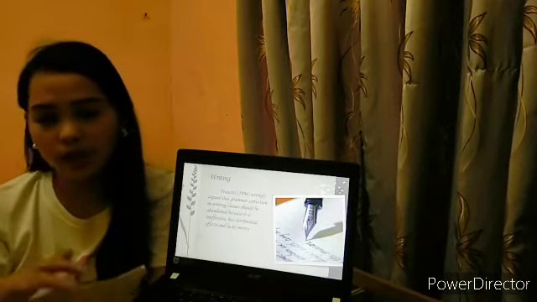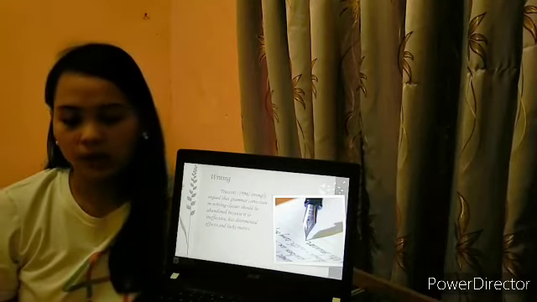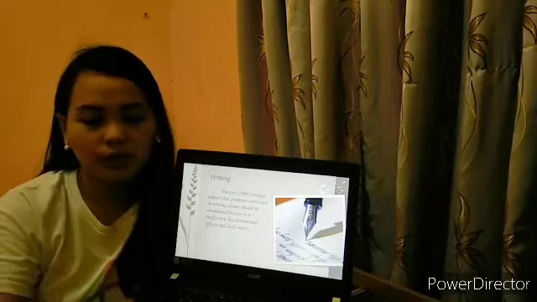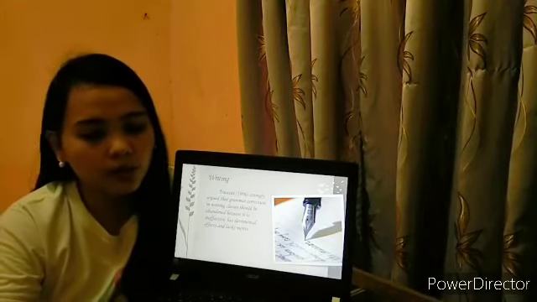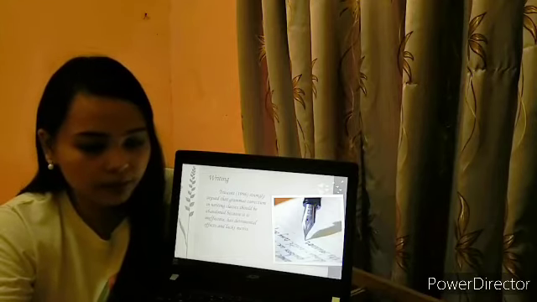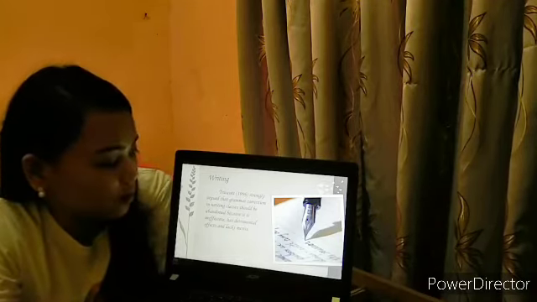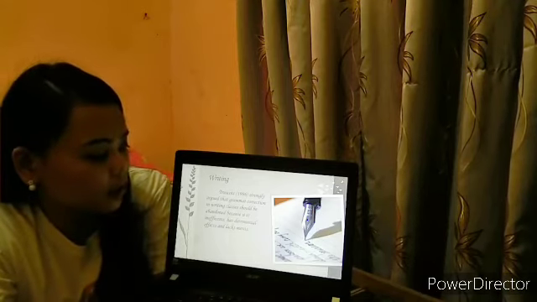Several researchers or scholars propose that grammar correction be excluded from the teaching of writing, and one of them is Truscott 1996.